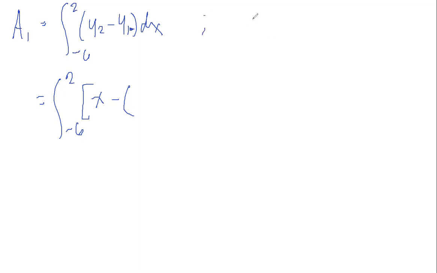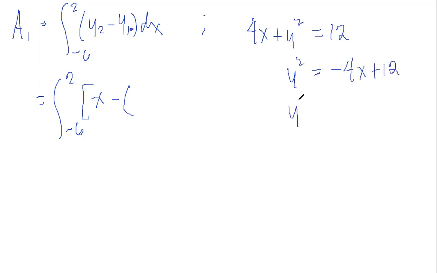Now we know that the given equation of the parabola is 4x plus y squared is equal to 12. So let's solve for y in terms of x, and let's determine the y sub 1 minus and the y sub 1 plus. So this becomes y squared is equal to -4x plus 12, or we could just factor 4 and get 3 minus x.